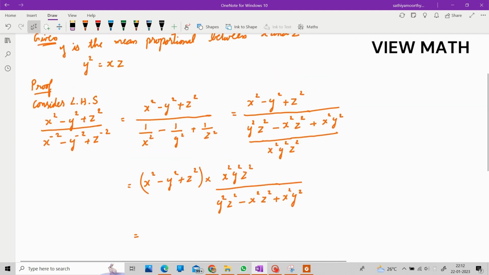Now this is equal to, now in the denominator I can see x square z square is there. So I can write x square z square as y square, because y is a mean proportional between x and z is given.